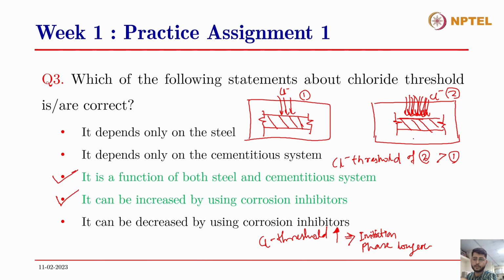So it depends on the steel, but not just on steel. It also depends on the type of cementitious materials used in the system. So chloride threshold is a function of both steel and cementitious system. Apart from this, it can be increased by use of corrosion inhibitors. Corrosion inhibitors are certain admixture compounds.